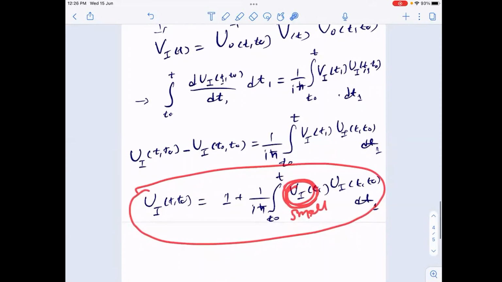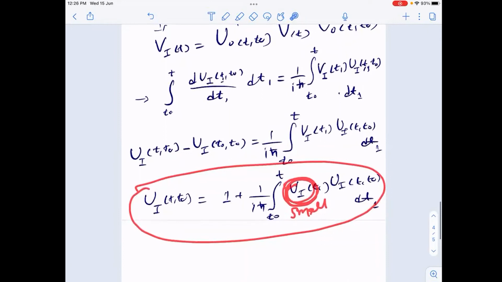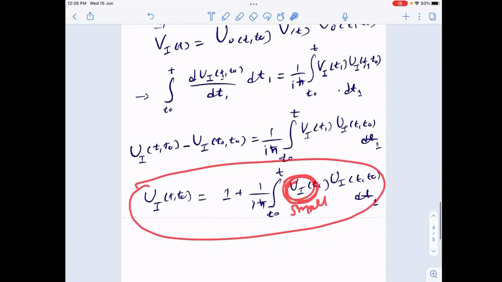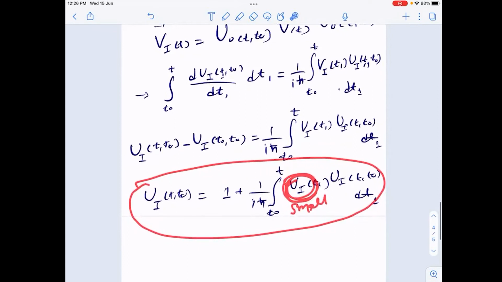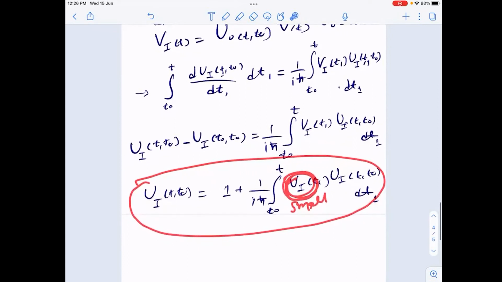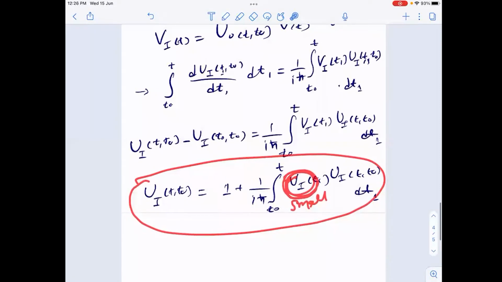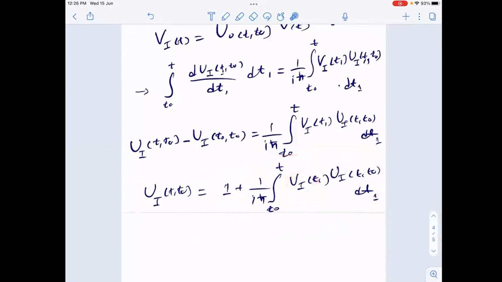But generally we simplify the series and terminate it at the first, second or third term. That is first order, second order, at max third order. Third order is justifiable. We don't want to go for higher order, it will otherwise cause some mess. Okay, so UI T0 is equal to 1 plus 1 upon iħ integral T0 to T VI T1 UI T1 T0. Fine.